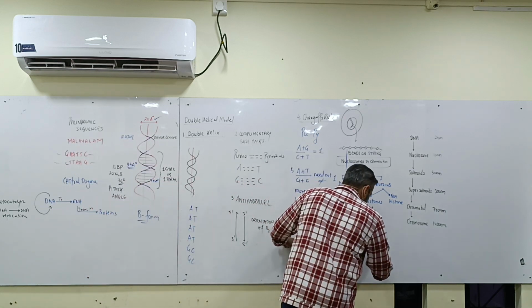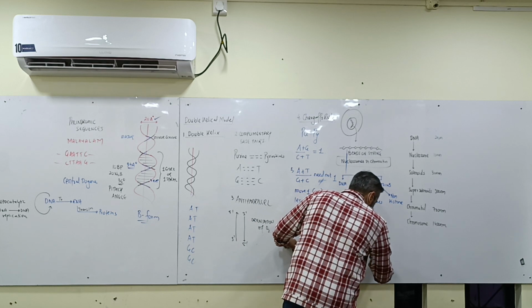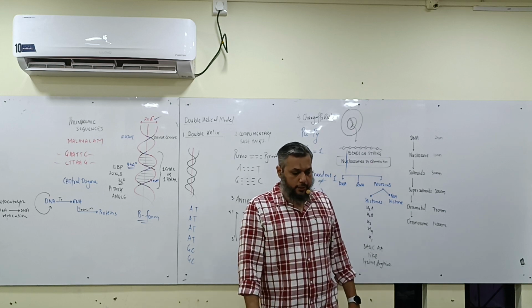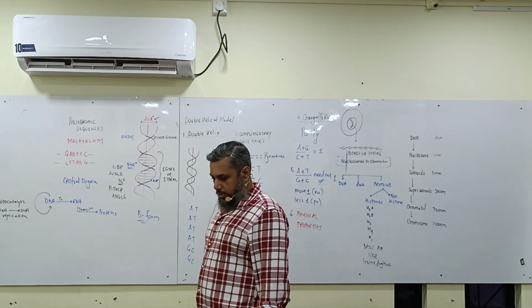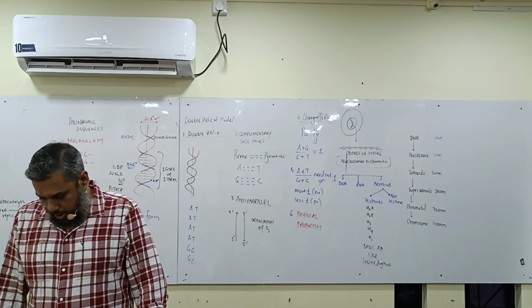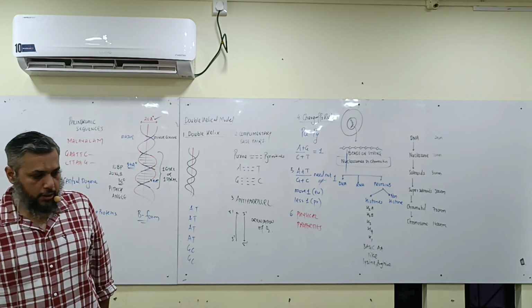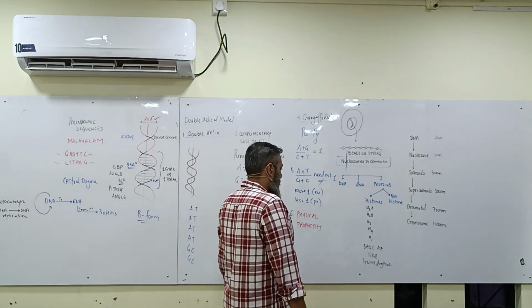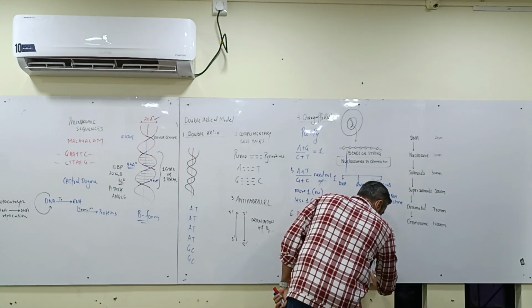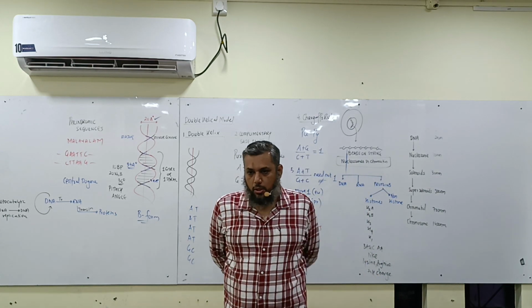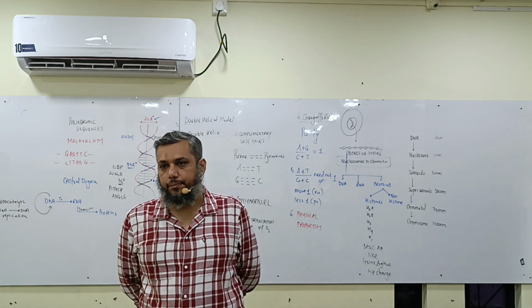They are rich in basic amino acids like lysine and arginine. Underline that line in the text. Basic amino acids. Okay? And these all give a net positive charge to your histone proteins.